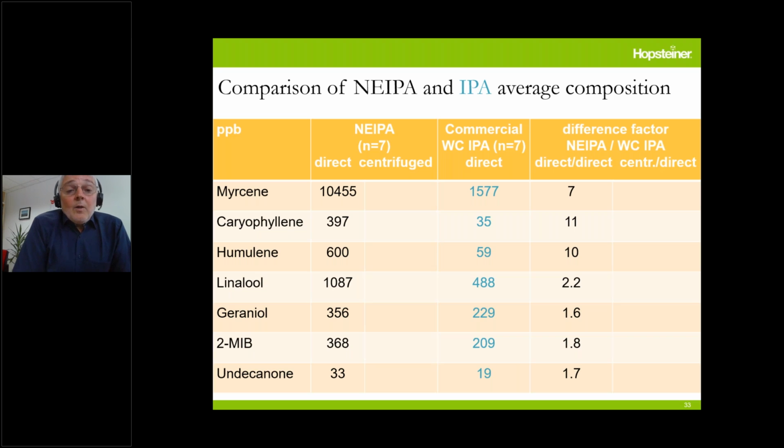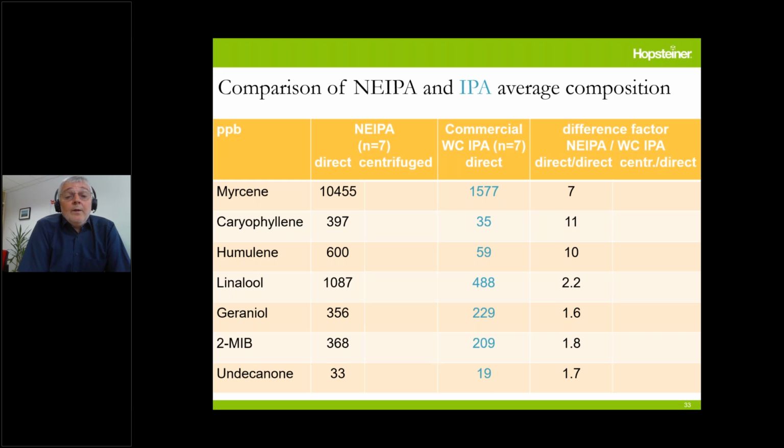Now we want to compare the concentrations of the various aroma compounds in the New England IPAs with some West Coast IPAs. This analysis was done in our labs, and we collected data of different West Coast IPAs we received from the US during the last few years. We selected also a range of 7 samples, and these are the average results that are given here.